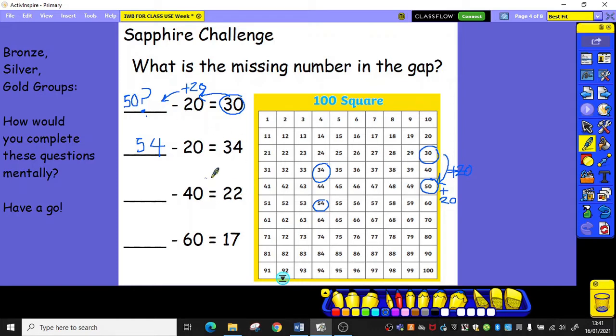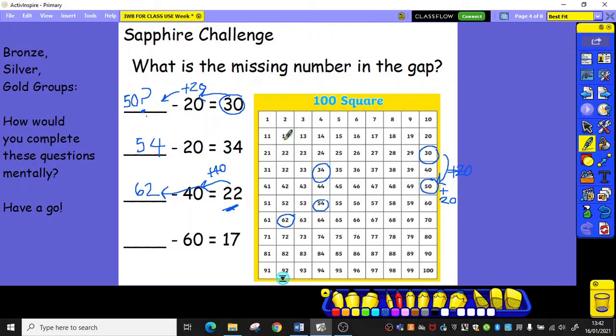I'm going to add 40, working backwards using the inverse. If I start on 22, I'm going to add 40 instead of subtracting it here, and that's going to give me the answer 62. And what I can do here is if I do 62 subtract 40, so here's my 62, and if I take 40 away, 10, 20, 30, 40, I can see I do indeed get to 22.